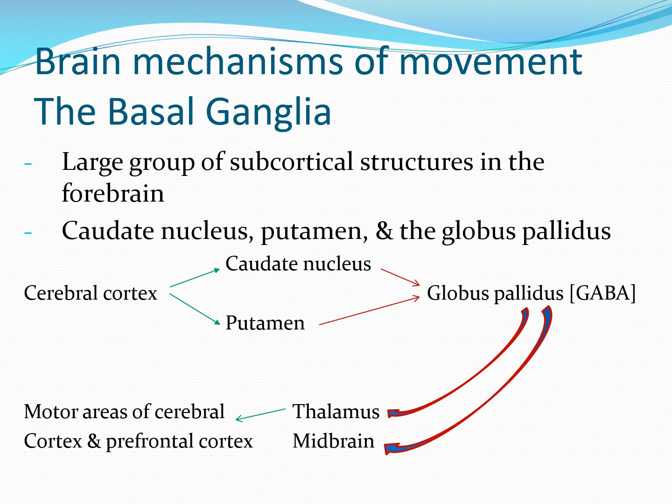And these two routes are working together, again, so that we're not making movements we don't want to make, and when we consciously decide to make a movement, we can make that movement.